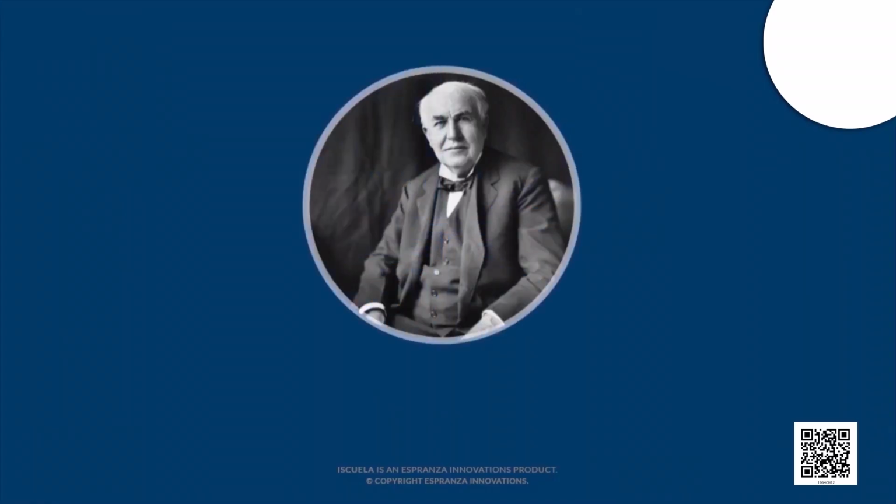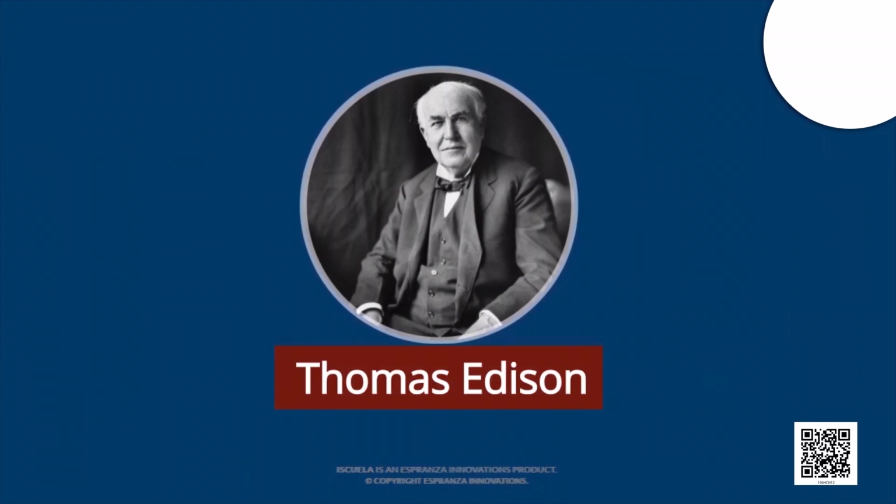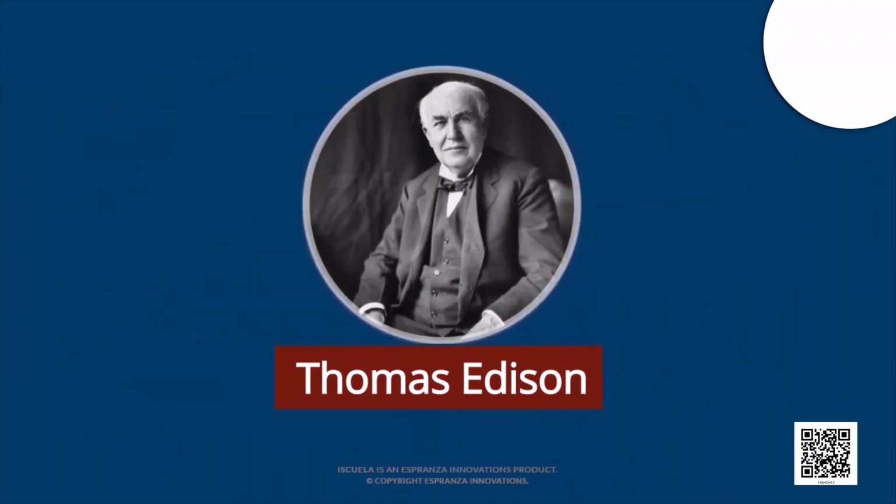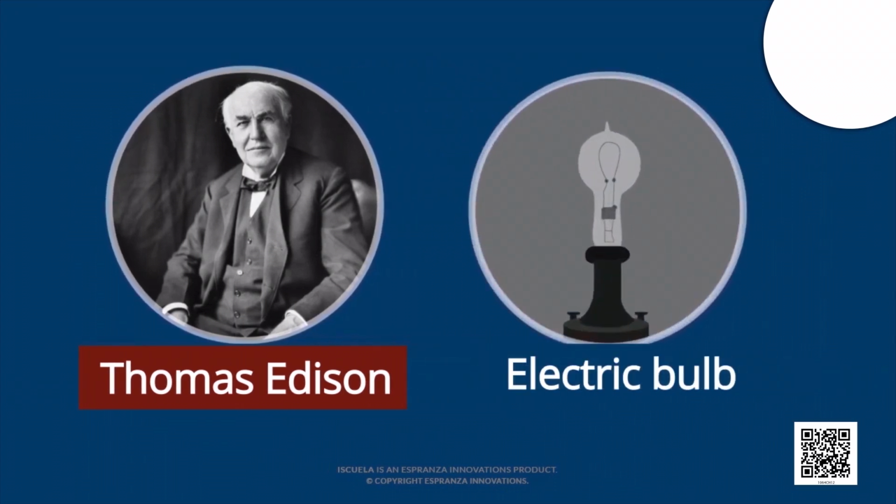Children, can you recognize the famous personality shown to you in this picture on the screen? Yes, he is the great scientist Thomas Edison. Do you know this great scientist is famous for what? Yes children, in the year 1869 he discovered electric bulbs, and thanks to him for lighting our homes even after the sun sets.